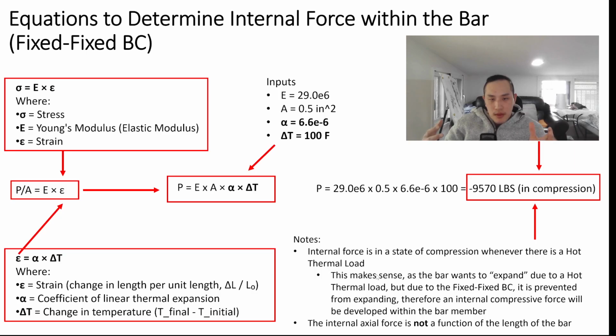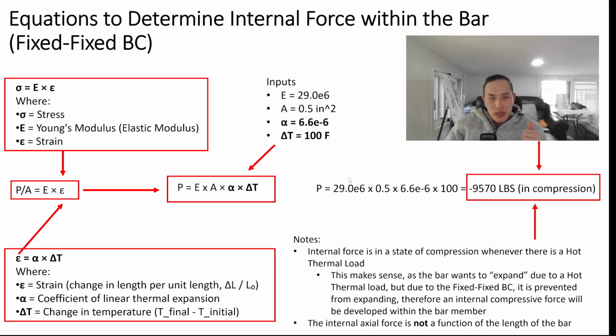Basically, the internal force is in a state of compression whenever there is a hot thermal load when you have fixed boundary conditions on both sides of the bar. This makes sense because the bar wants to expand due to a hot thermal load, but due to the fixed boundary conditions, the bar is essentially prevented from expanding, and therefore an internal compressive force will be developed within the bar.